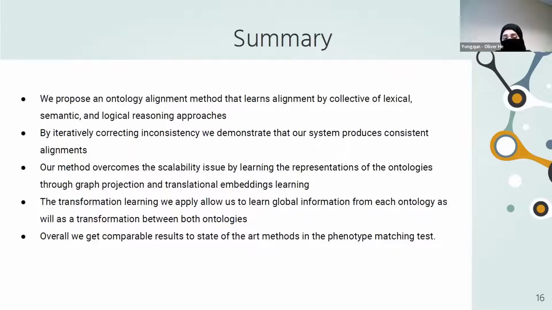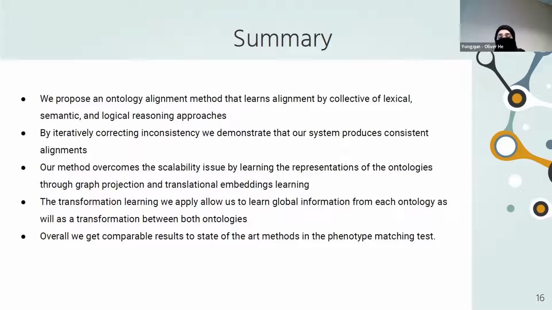As a summary, we proposed an ontology alignment method that learns the alignment by a collective of lexical, semantic, and logical reasoning approaches. By iteratively correcting the inconsistency, we demonstrate that our method produces consistent alignment.